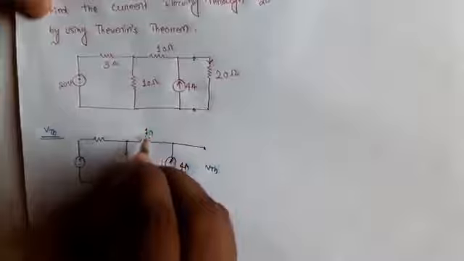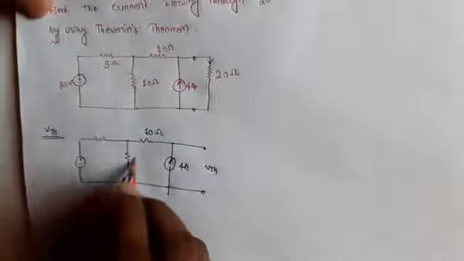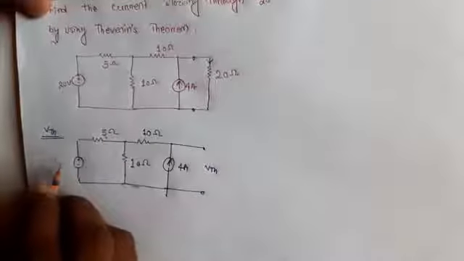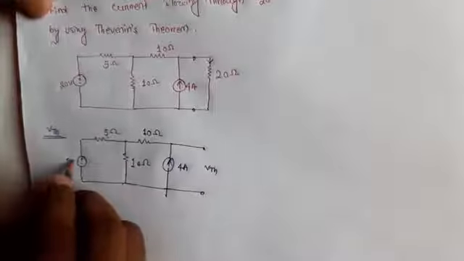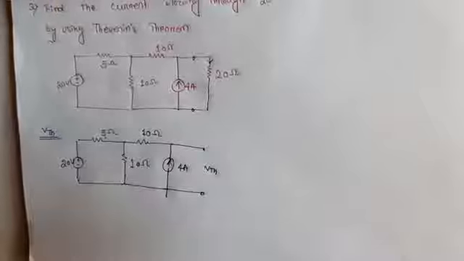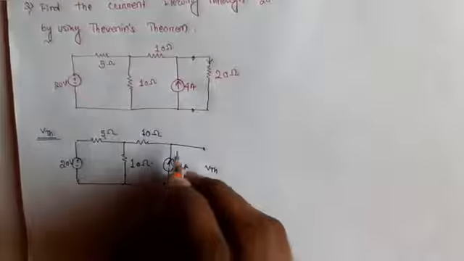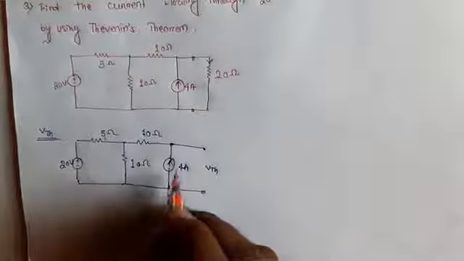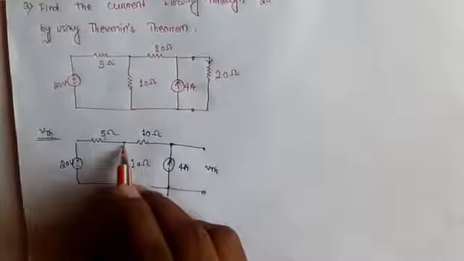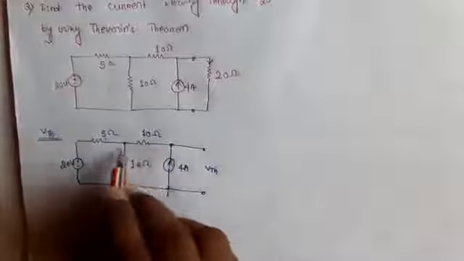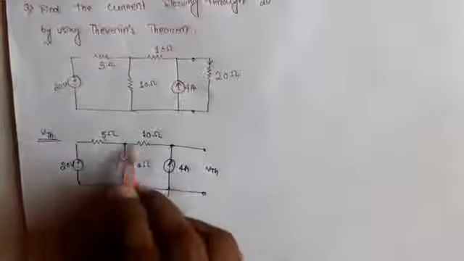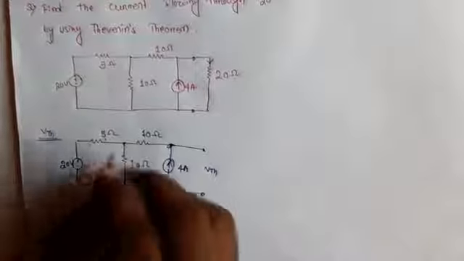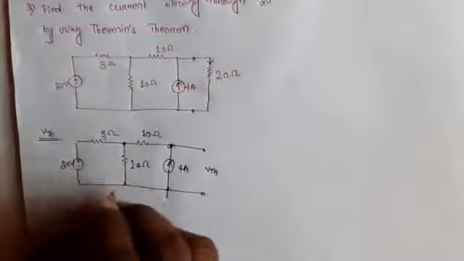This is 10 ohm, this is also 10 ohm, this is 5 ohm, and this is 20 volt. Here the voltage across the 10 ohm and 10 ohm is equal to VTH, because this potential is across 10 ohm and 10 ohm. So first we find the voltage drop across 10 ohm.